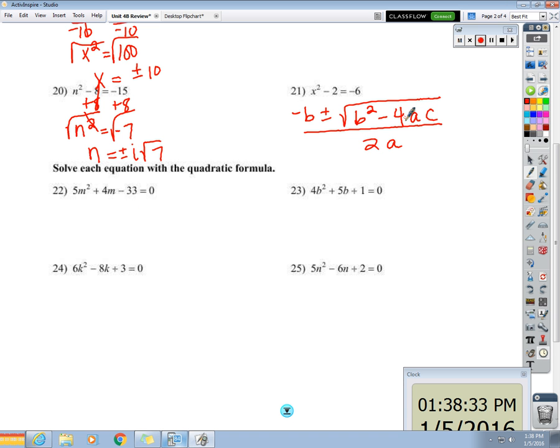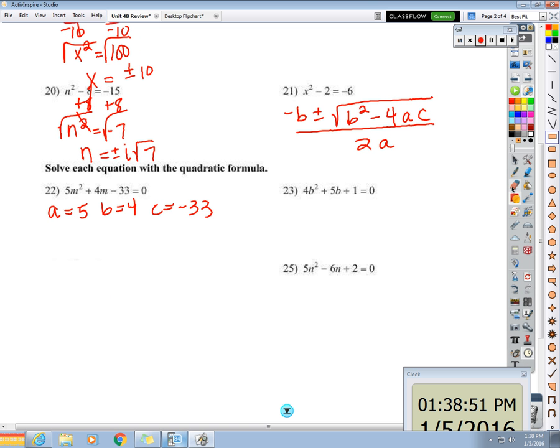Now, to utilize the quadratic formula, you kind of have to know what to plug in for a, b, and c. So when we go down to 22, what's the a? 5. What's the b? And the c? Right? Okay, I'm going to make myself a little space because these problems take some room.